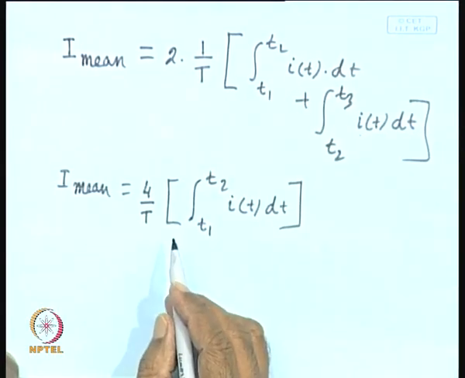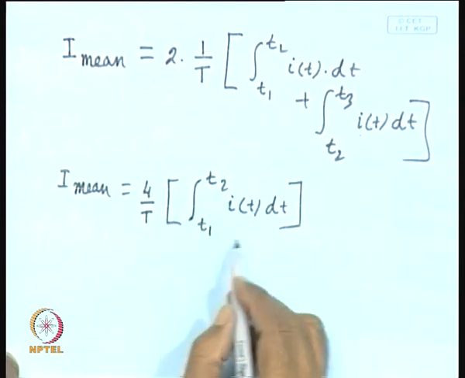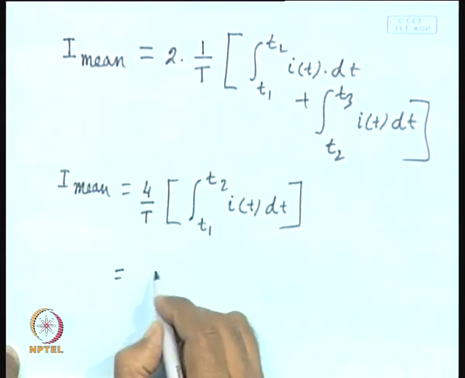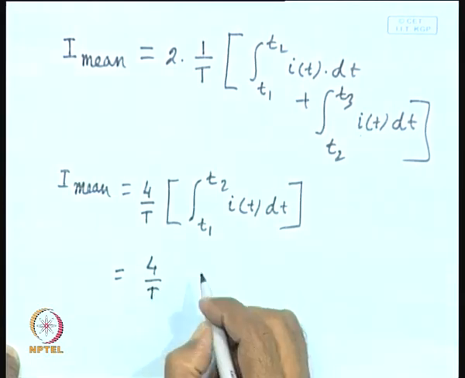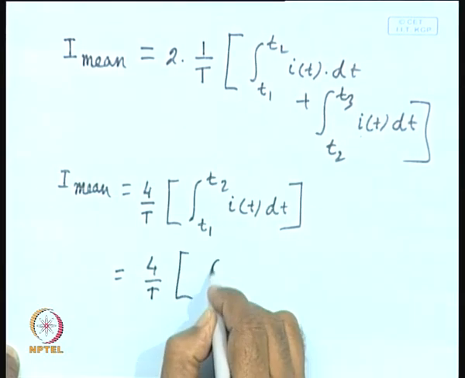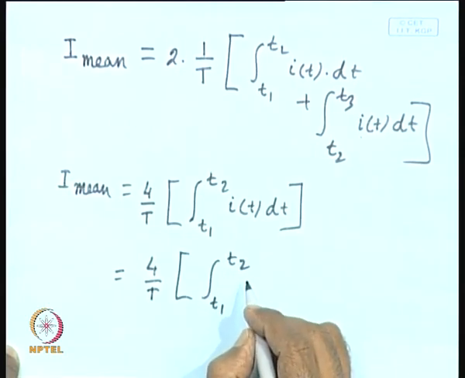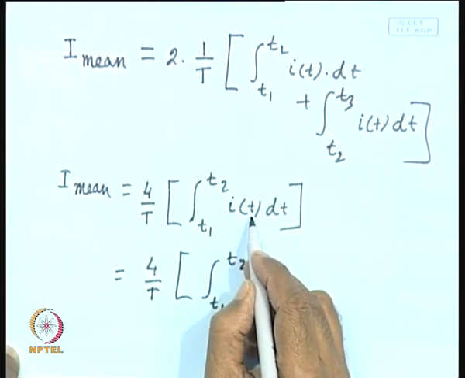So, we can calculate this. Now, in this particular case what can we calculate? This is equal to 4 by T, T1 to T2. What is IT? Assuming that the transistor is in saturation, because we know that it is occurring when the input is above the threshold voltage of the NMOS transistor and it is going up to VDD by 2.